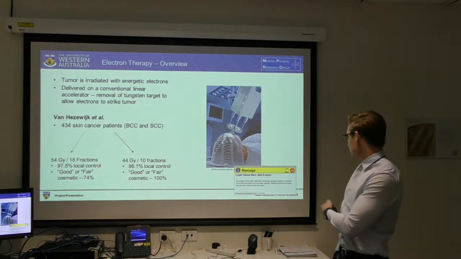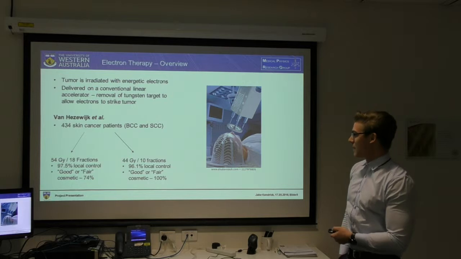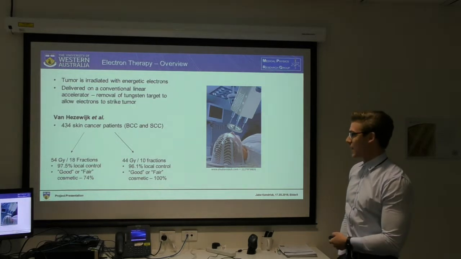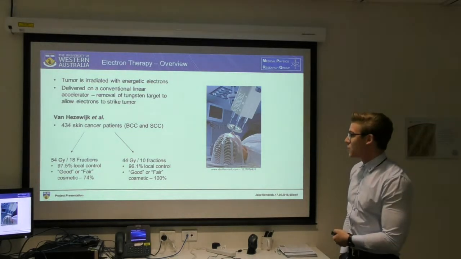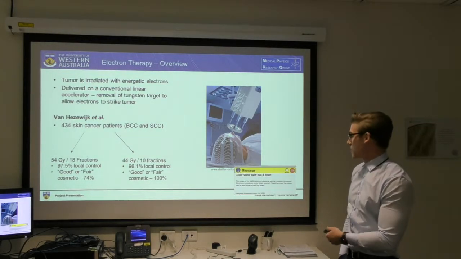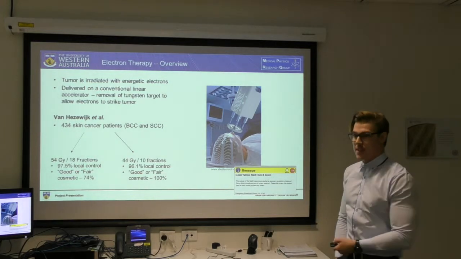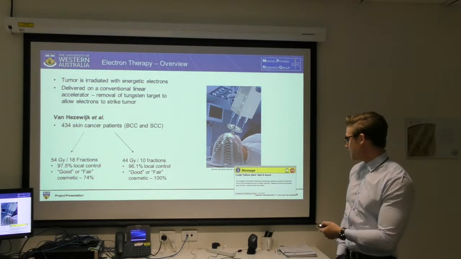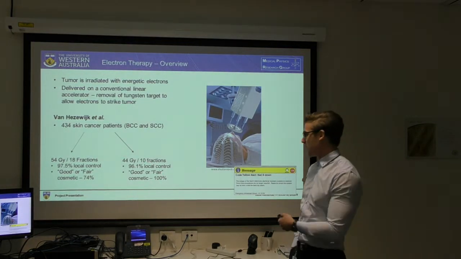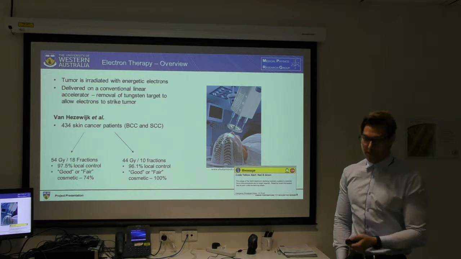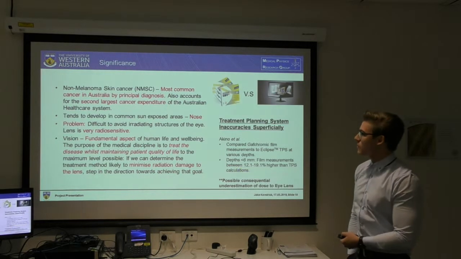When you're looking at electron therapy, Van Hesselwyk and his colleagues found, after analysing 434 skin cancer patients, that depending on the total dose and the fractions used, you're looking at about 96 to 98% local control, and also good or fair cosmetic outcomes, either 100% or 74% of the time, depending on the total dose and the fractions.